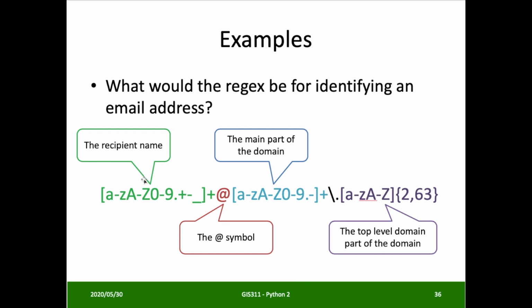If we look at this again, we have the recipient name followed by the @ symbol, then the main part of the domain, followed by the dot, and then the top part of the domain. There are usually no numeric characters in this part, so that's why it's limited to only alphabetic characters.